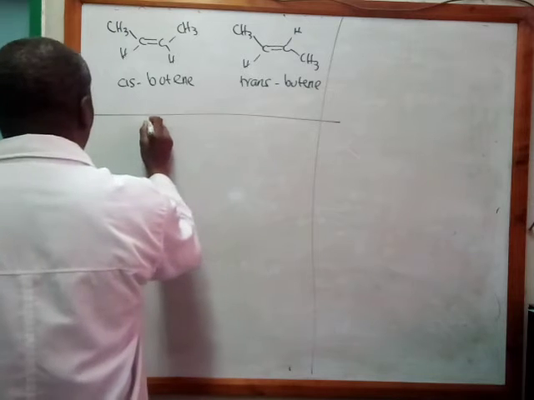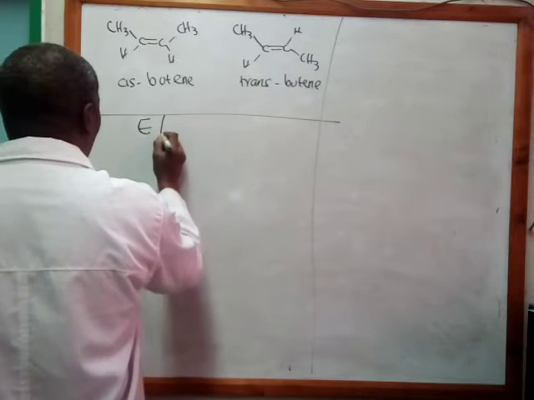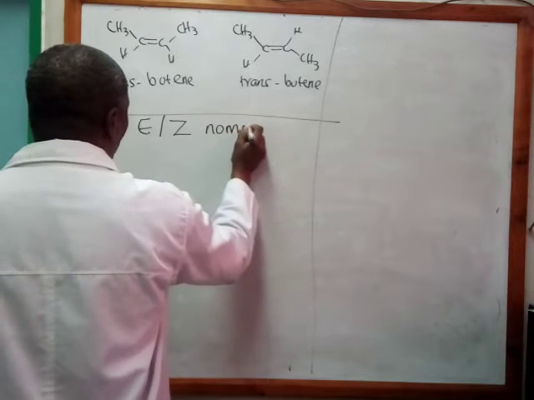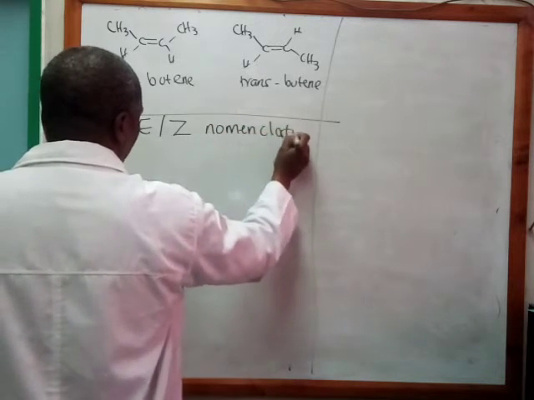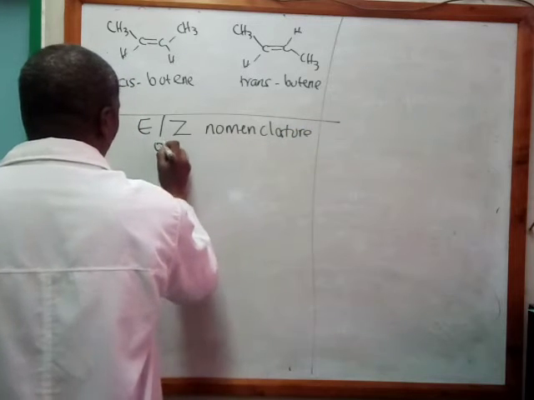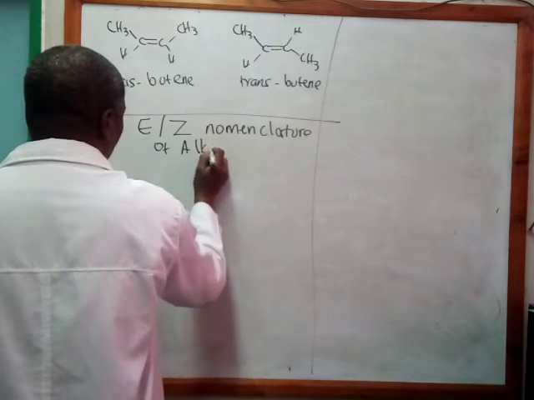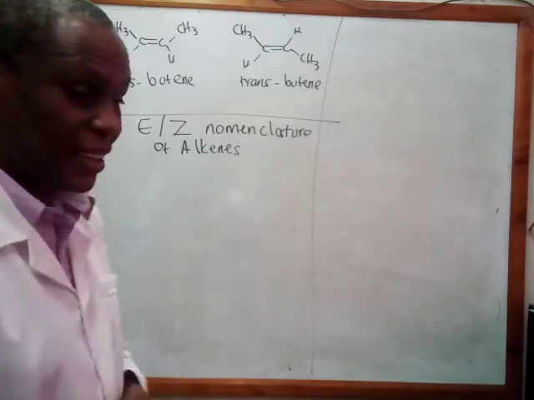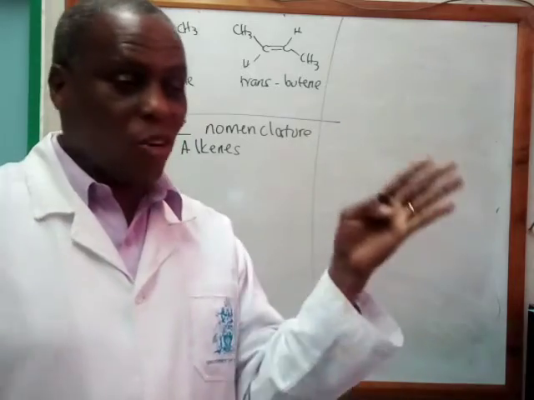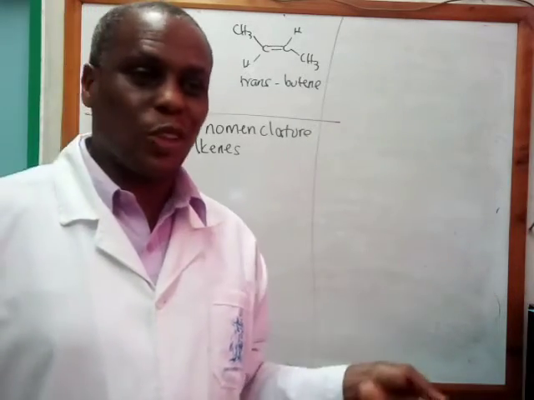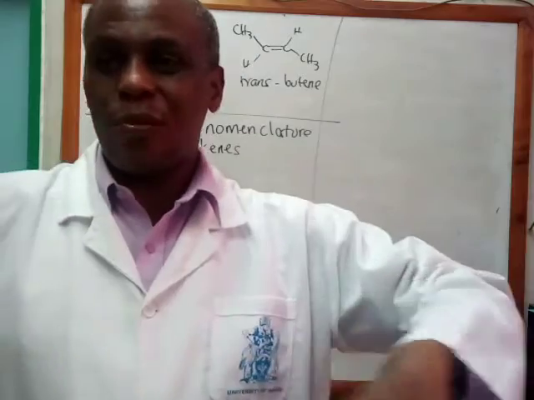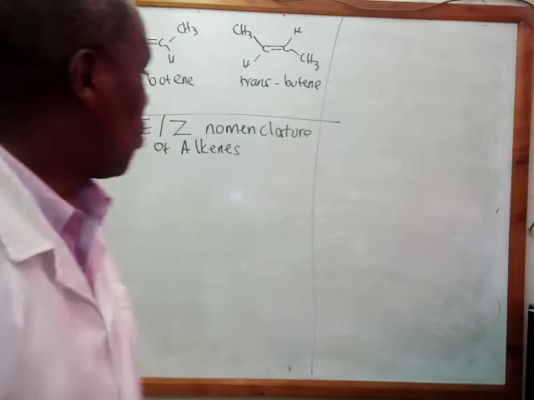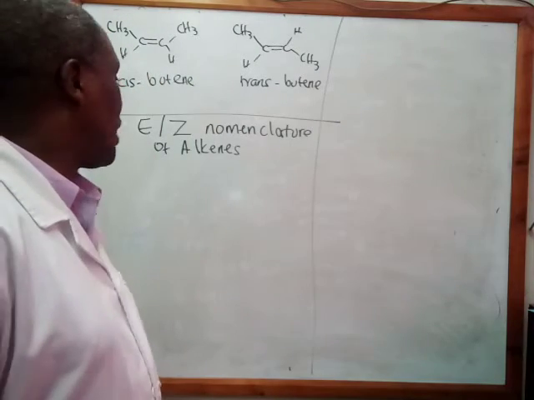It is called E/Z nomenclature of alkenes. Depending on the arrangement of atoms around the double bond, you are either going to call it an E alkene or a Z alkene.